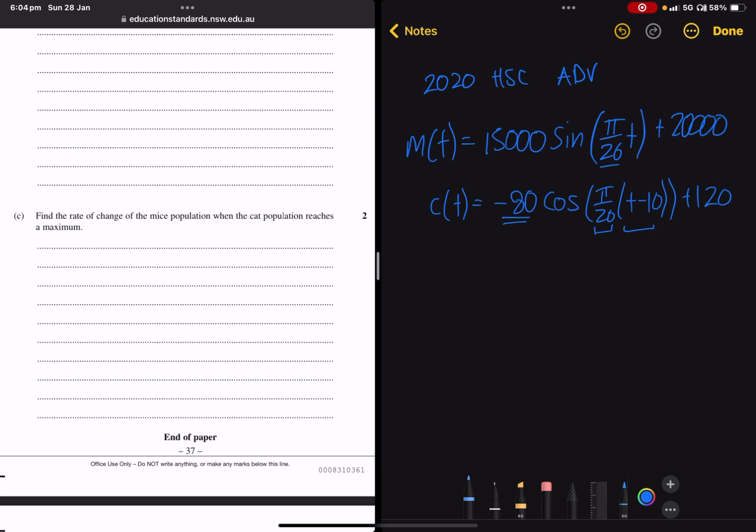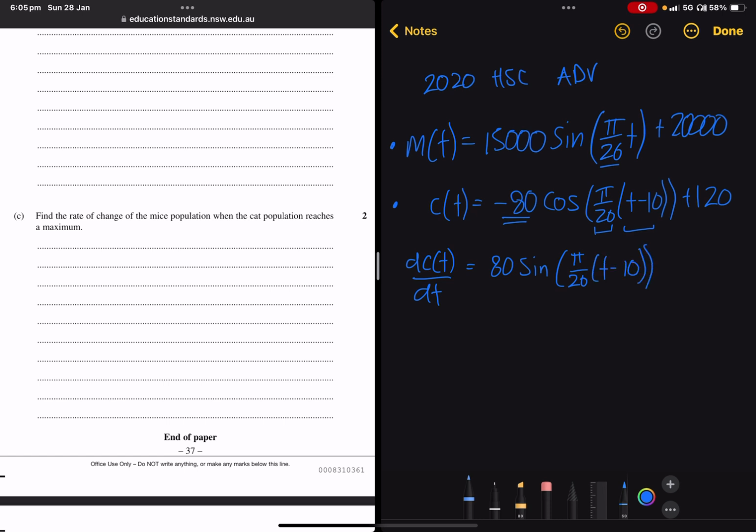First, we need to find the derivative of the cat population. And we have the mice population here and the cat population here. So dC(t)/dt, here we have minus 80 cosine. So the 120 will go away. Minus cosine becomes positive sine. So we have 80 sine of pi on 26 times (t minus 10).